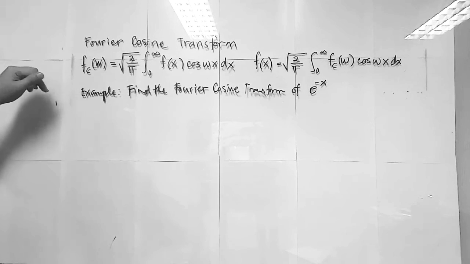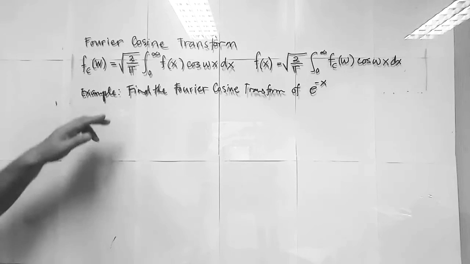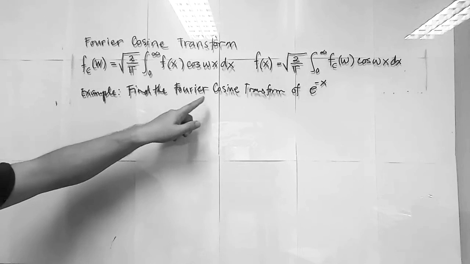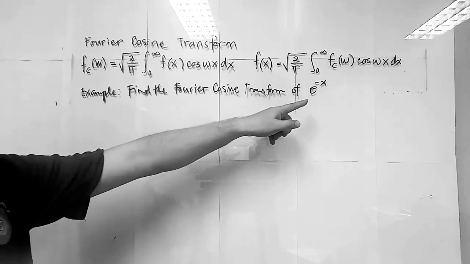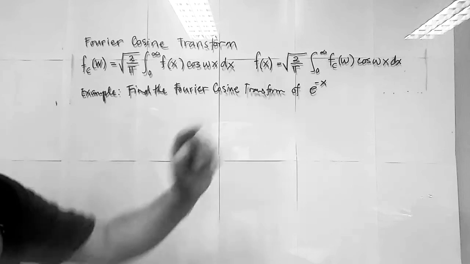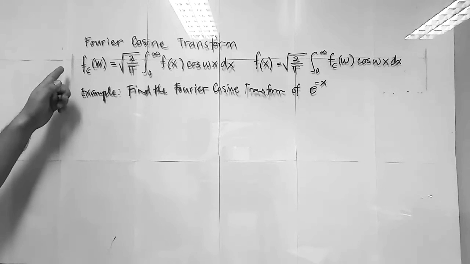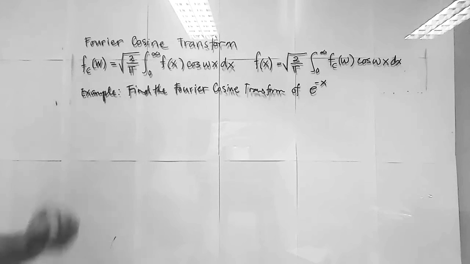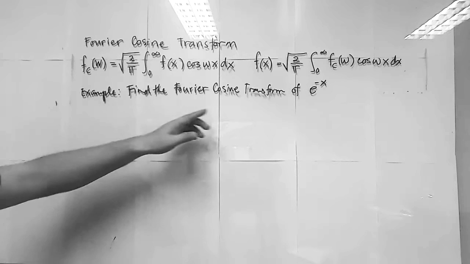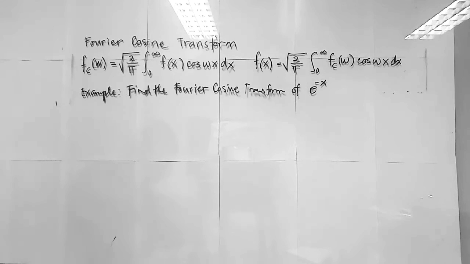This time we have another example. Find the Fourier cosine transform of e raised to negative x. So to solve this one, of course, we will be using again our general formula for the Fourier cosine transform of this e raised to negative x.